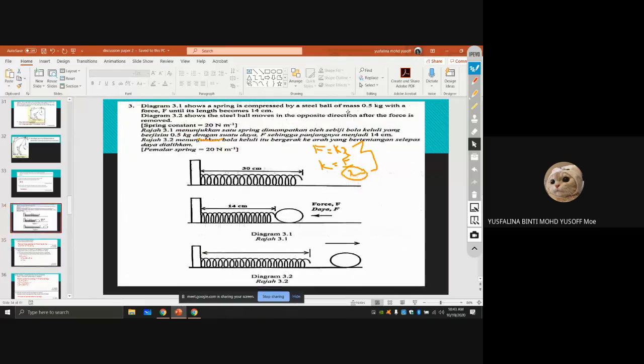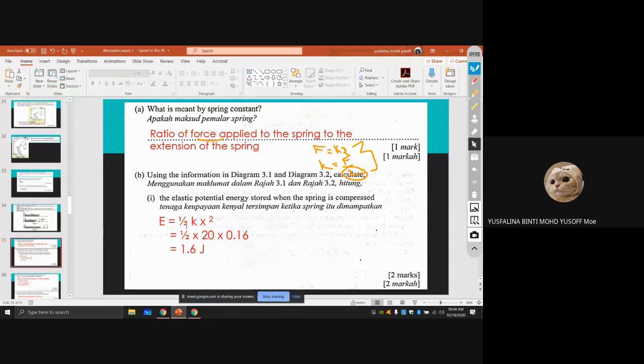If you use the other one, you have to change to Newton first, and then you can use half F x. So this one you don't need, you just straight away use the spring constant, half kx squared. So half k is 20, already given in the question. X is the compression.